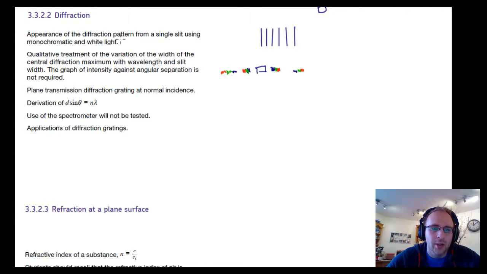So for our white light, we get a maxima in the middle, which is going to be white, because all the path differences are the same, they're all arriving in phase here. But as we spread out, we get more spreading out of the red light than the blue light. The blue light doesn't spread out as much.